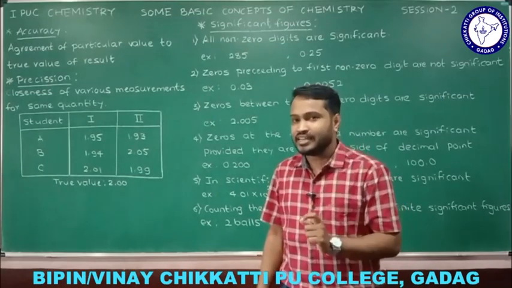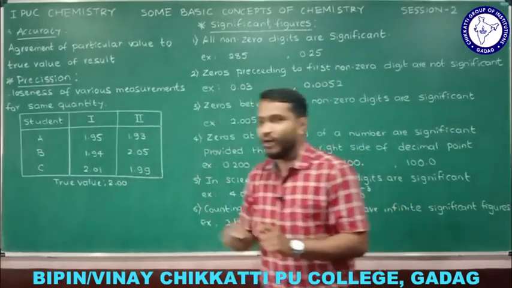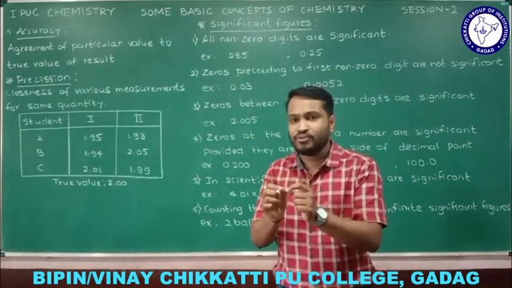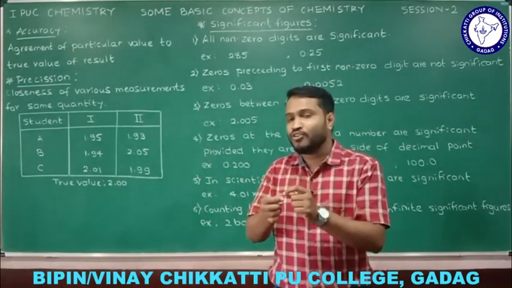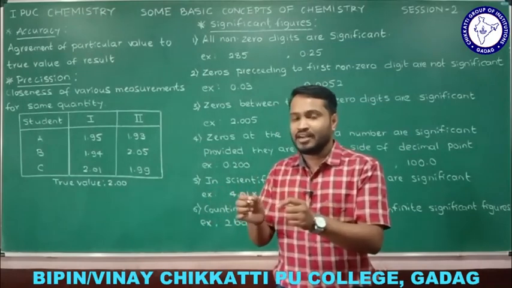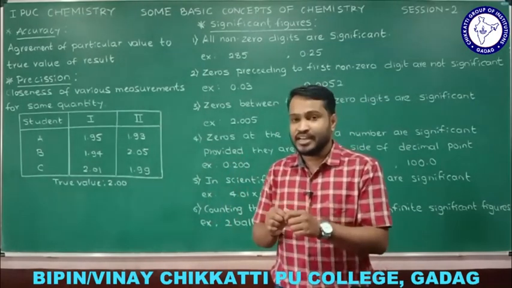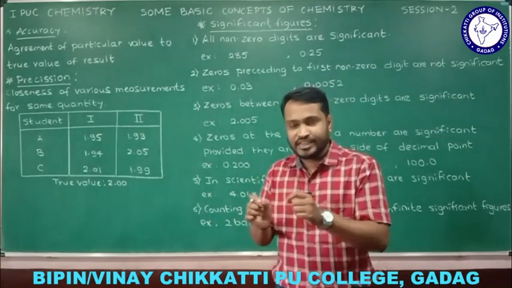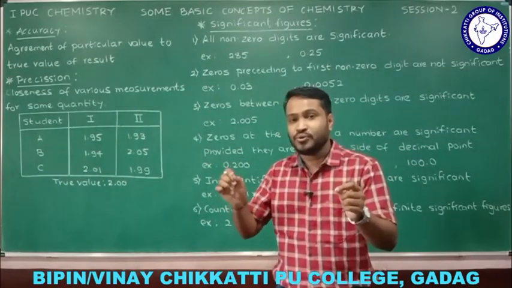So in short, if you have one particular value and you compare it with the true value, and it is almost equal, we say it is accuracy. If it is not almost equal, if it is far away, we call it no accuracy.